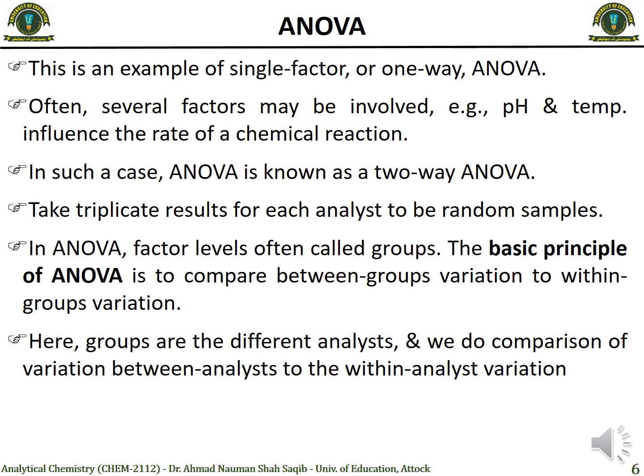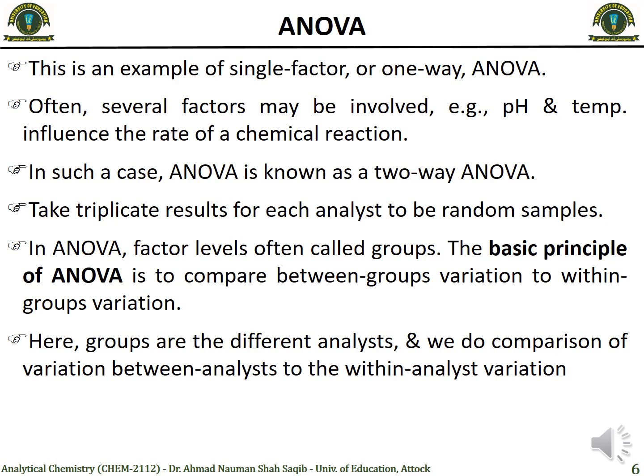Both are affecting the rate of chemical reaction. So when we draw ANOVA for that kind of example, we call it two-way ANOVA. But in this lecture we are discussing only one-way ANOVA for your easy understanding because the basic principle of one-way and two-way ANOVA is the same.